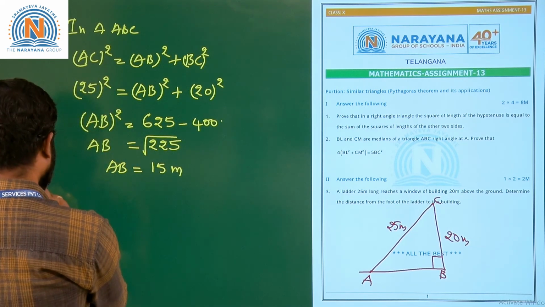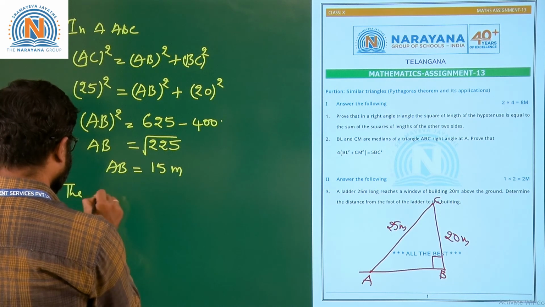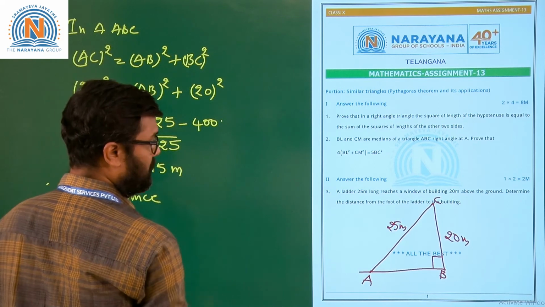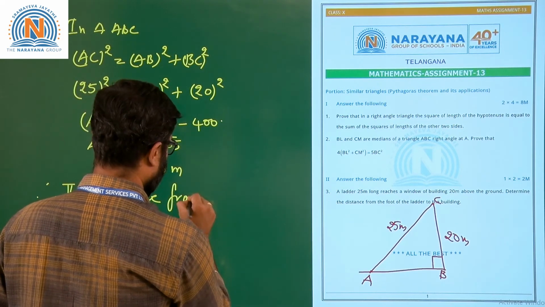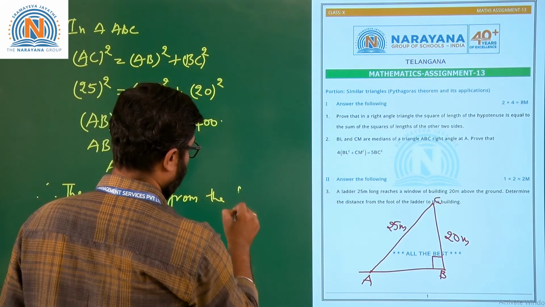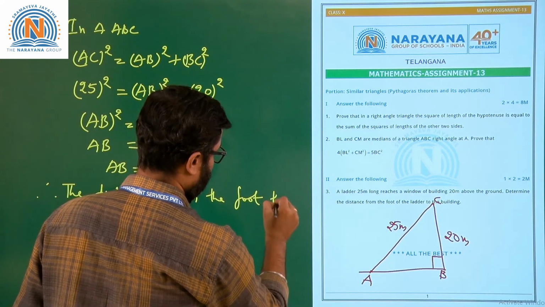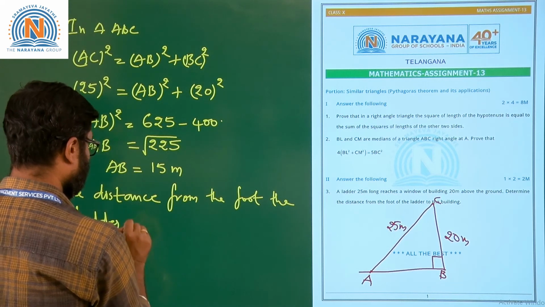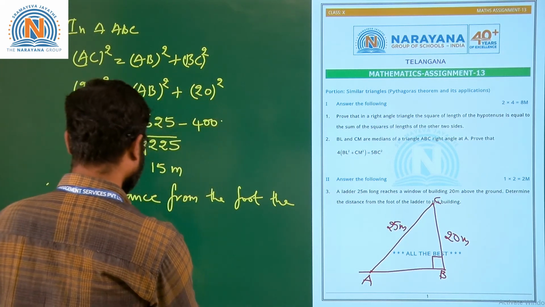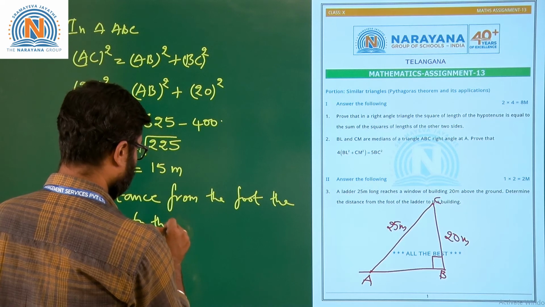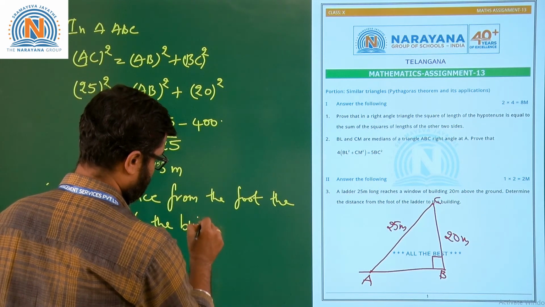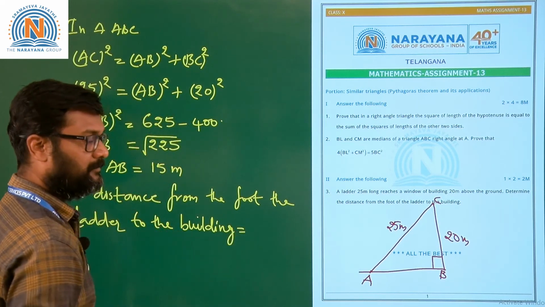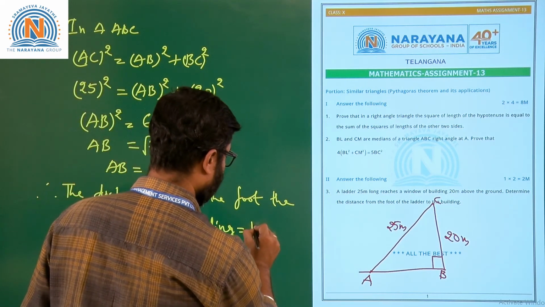So therefore the distance from the foot of the ladder to the building is 15 meters.